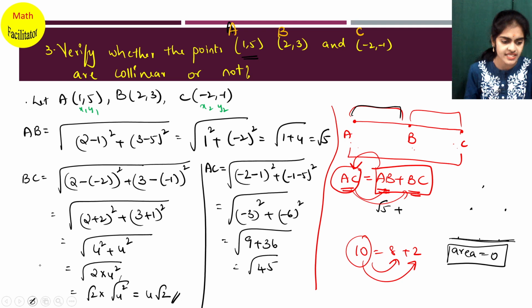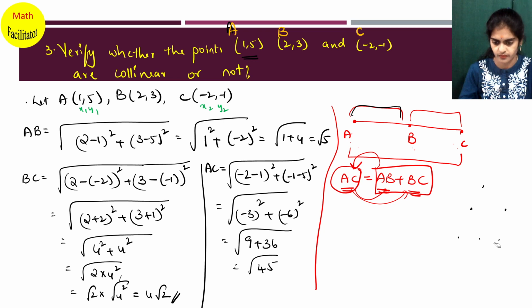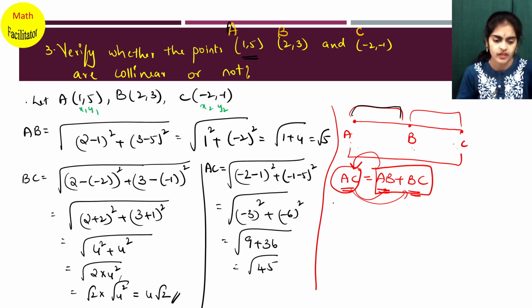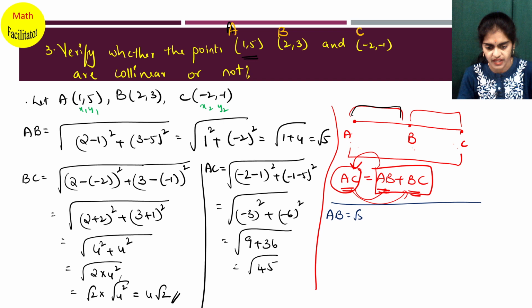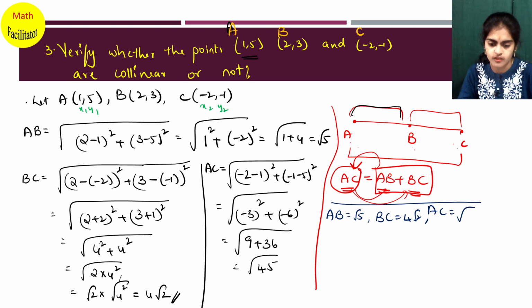So firstly, let us choose the bigger value among the distances. So let's see. What is the bigger value? Choose the bigger value, please. Let me write the values here. AB I got as root 5. BC I got as 4 root 2. AC I got as root 45.